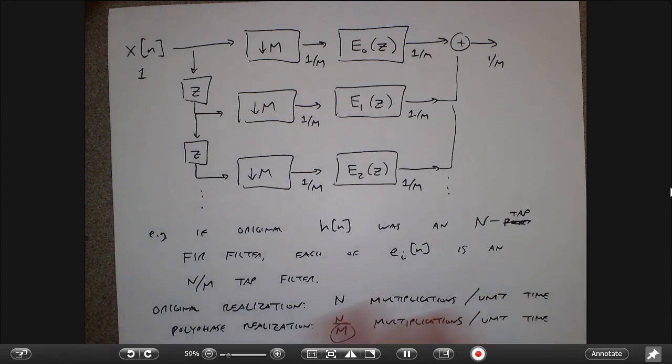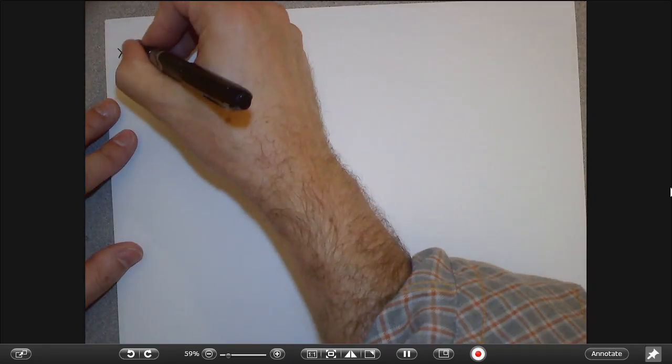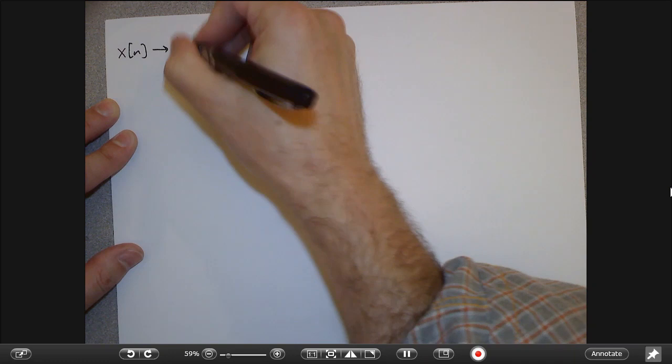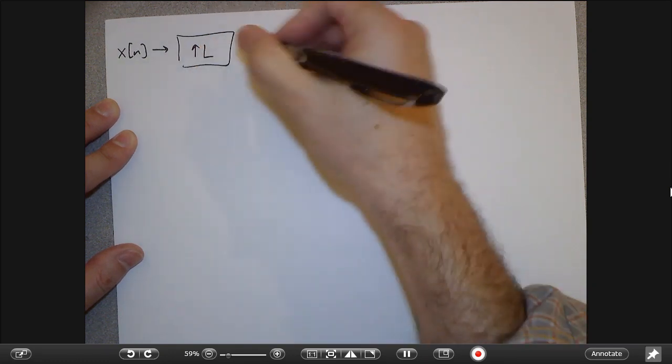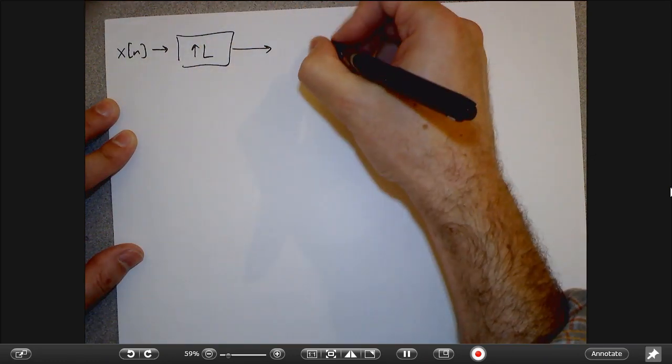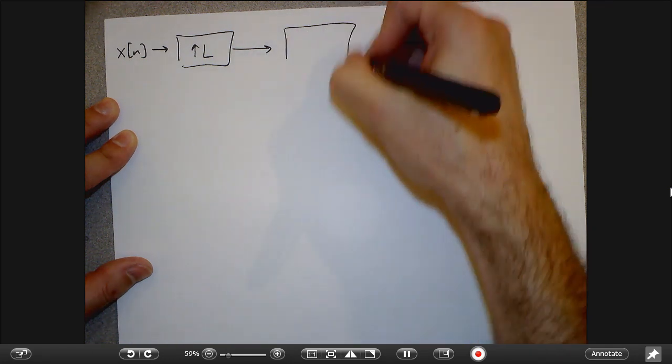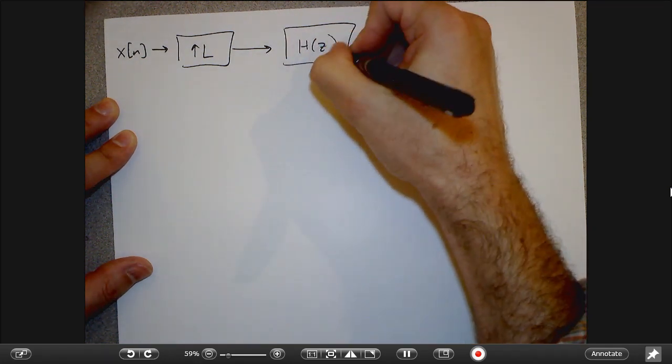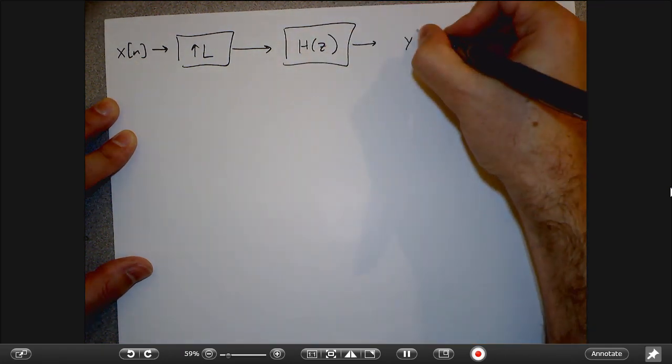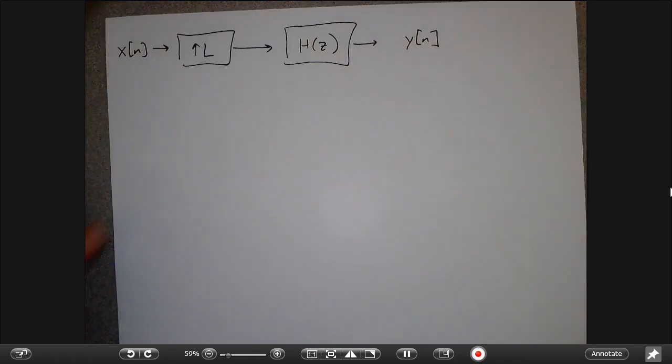And the same way, let's suppose that I had a system like this where I wanted to upsample and then filter to get my output, right? And so again, here's a situation where, as written, this is a wasteful thing, right?